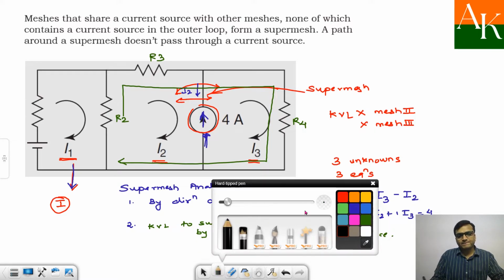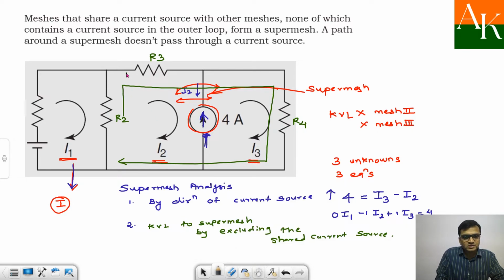Before applying KVL, you have to assign the signs for the voltages. So I2 is moving over here, so I will assign plus and minus over here. I3 is moving like this, so plus and minus in this manner. Whenever current enters the resistance, positive sign; when it leaves the resistance, negative sign. Similarly over here you will have a positive sign, here a negative sign. So I will move from R3.